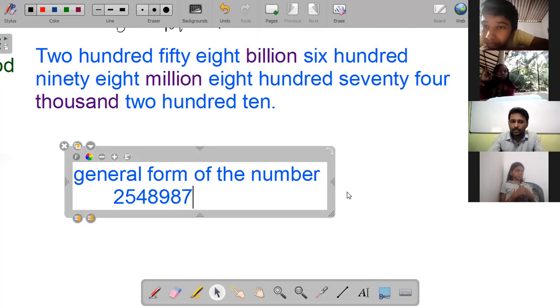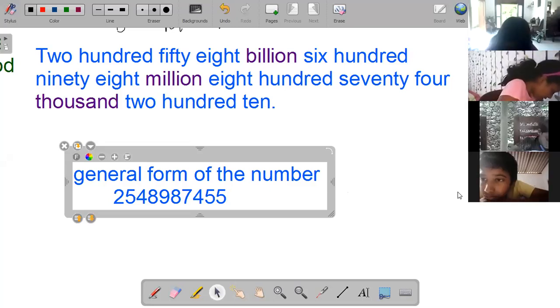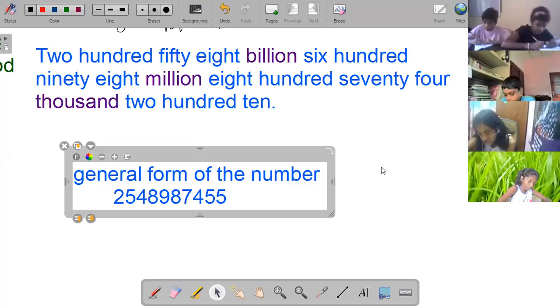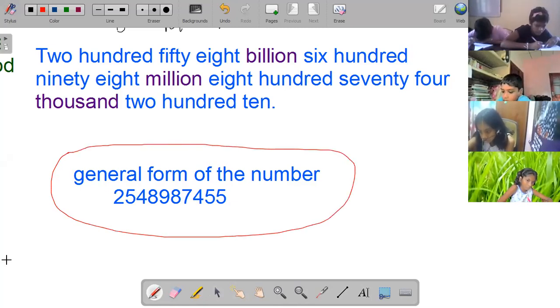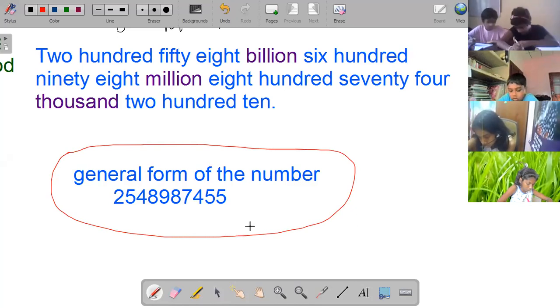That's the general form of the number. Right? You remember the meaning of general form? Note that down a little. Remember what general form means. Without separating into periods, the writing method of the number is known as the general form.